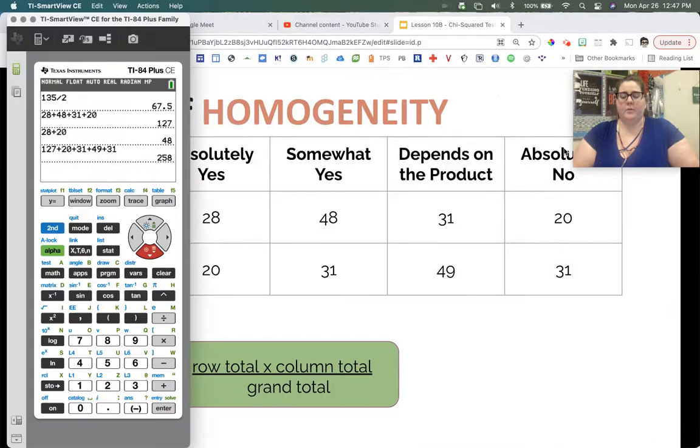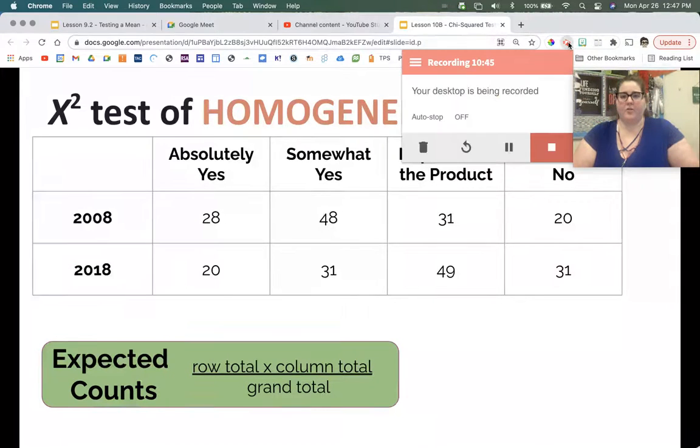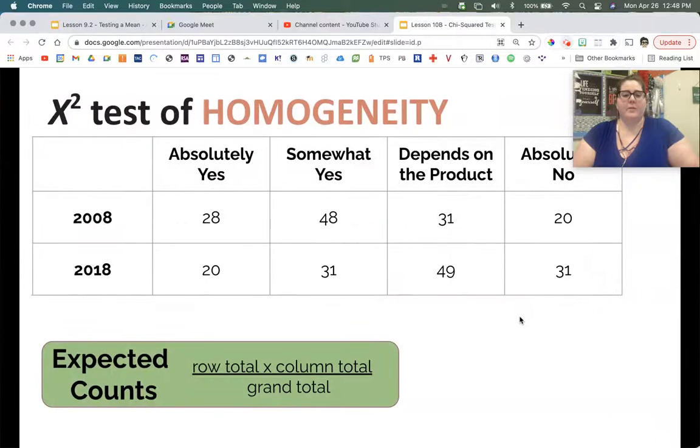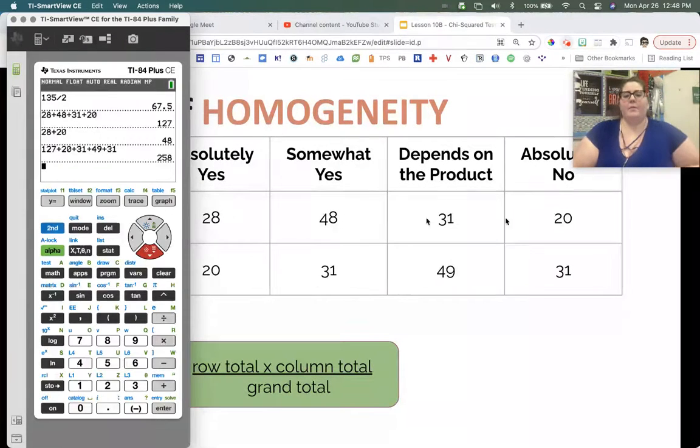All right, I did a little bit of math here. I added up the row total, 28 plus 48 plus 31 plus 20, which is 127. I added up the column total for that first column, so 28 plus 20, which is 48. And then I added all the numbers together to get the overall grand total of people, which is 258.